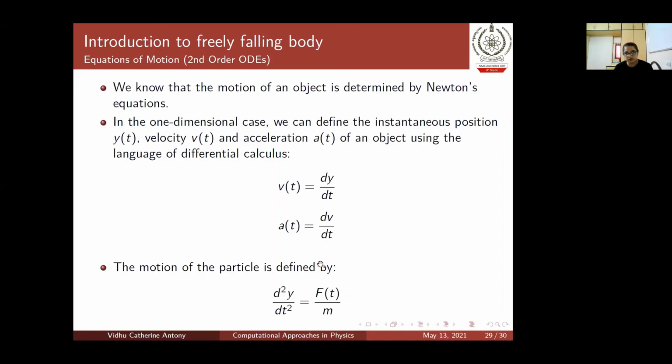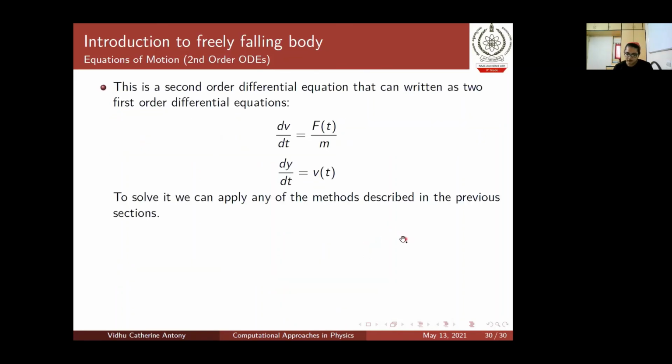What does your second Newton's law tell you? You have d squared y by dt squared is equal to f of t divided by m. That's a different way to write f is equal to m into a, just in terms of your second order derivative.